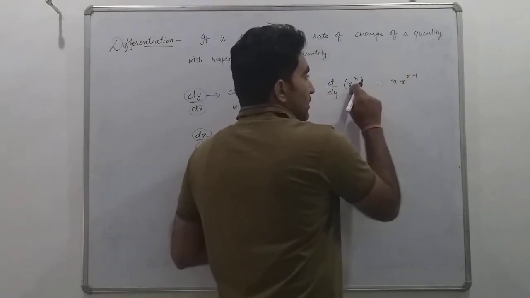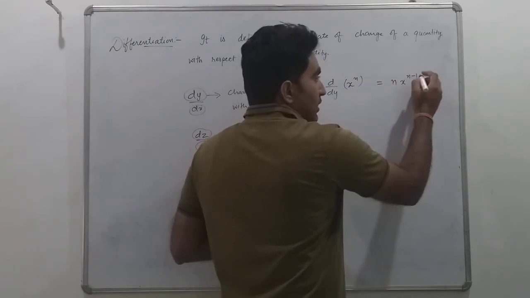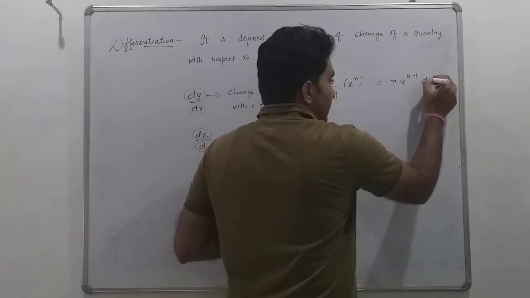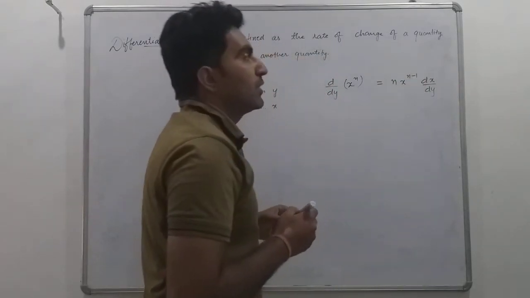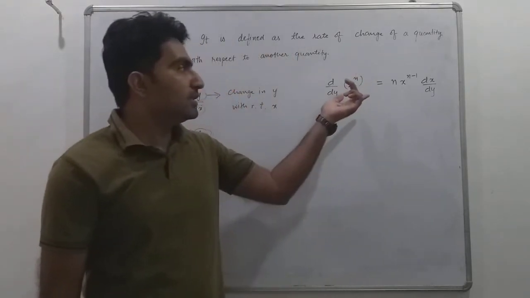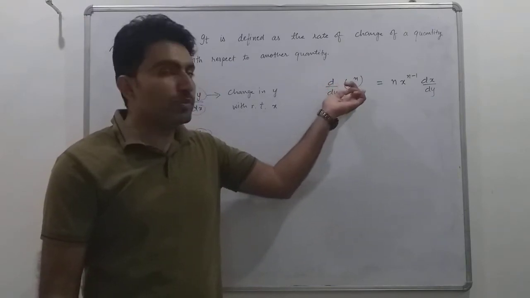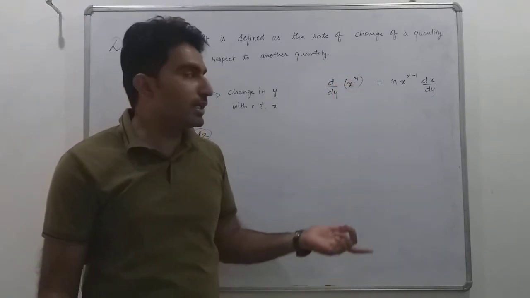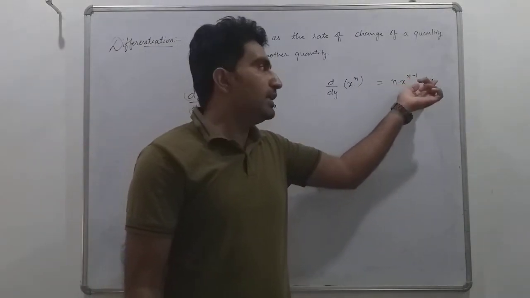So it is n x raised to power n minus 1, and again we write dx by dy. So the formula for the differentiation of x raised to power n with respect to y, when x is not a constant quantity, is n x raised to power n minus 1 dx by dy.